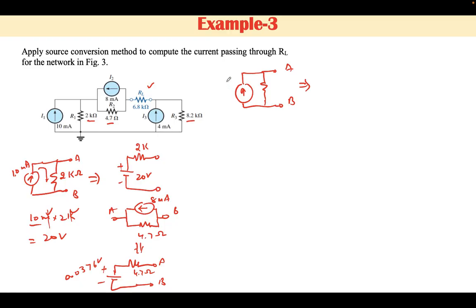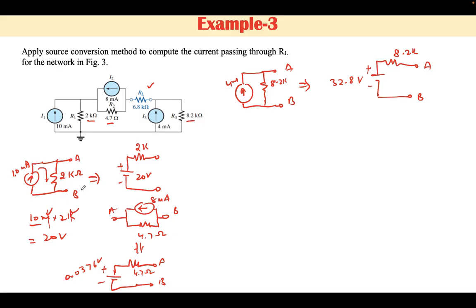Here it is 4 milli, this is 8.2 k, then k and milli will be cancelled out, then the magnitude of this voltage source will be 32.8 volt, and the internal resistance will remain the same, that is 8.2 k. This will be the equivalent network across terminal A and B when this current source is converted into a voltage source.